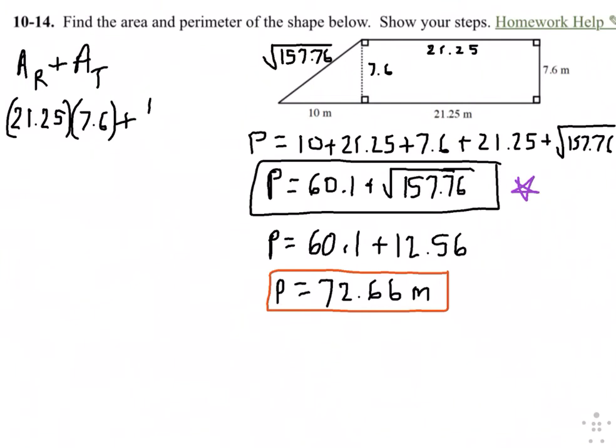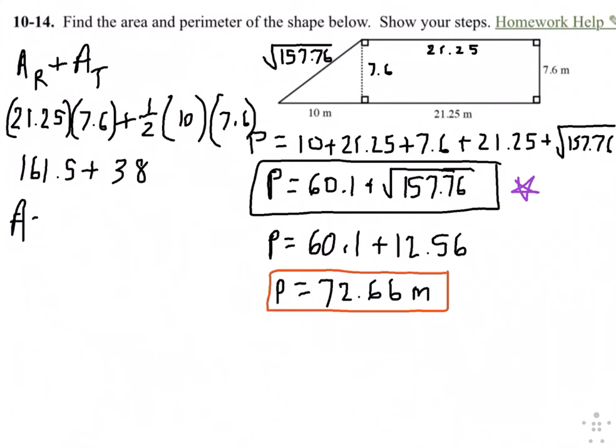The area of the triangle is 1/2 the base, which is 10, times the height, which is 7.6. And if we type this into our calculator, we get 161.5 plus, what's that, 5 times 7.6, 38, which comes out to 199.5.